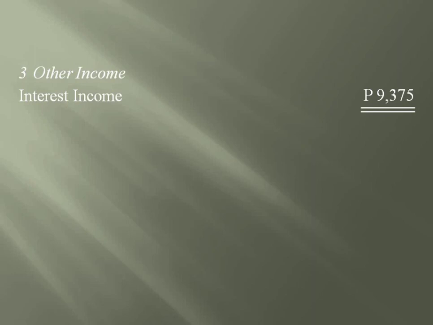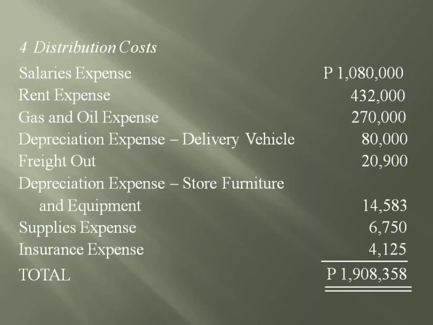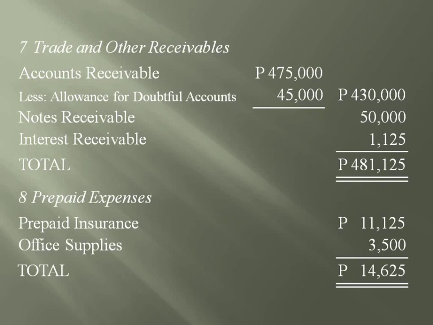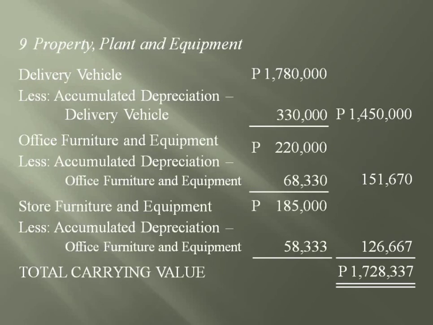Because as you probably already know by now, notes to financial statements in the real business world should include a summary of significant accounting policies and other explanatory notes. And we do not have those now for classroom purposes for lack of information.